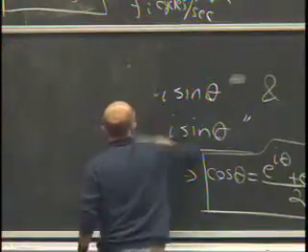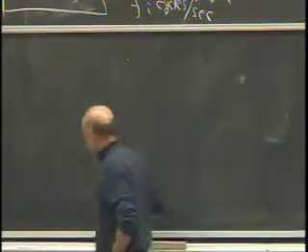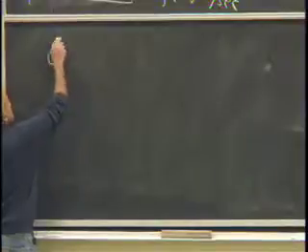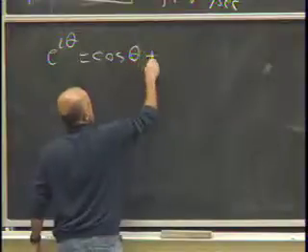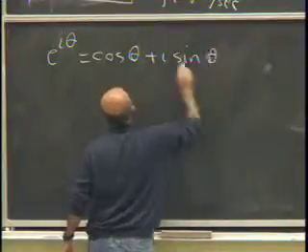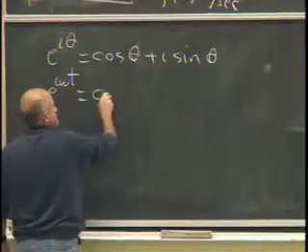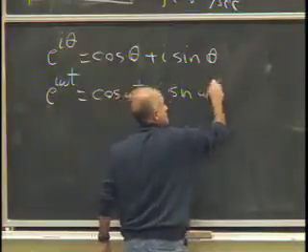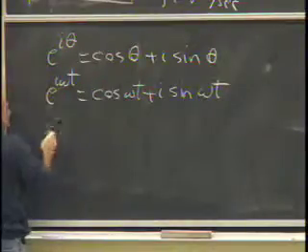Now, why is all this so important? Remember, we said e to the i theta was cosine theta plus i sine theta. So e to the i omega t is cosine omega t plus i sine omega t. You also had a relationship between cosine and the complex exponential.